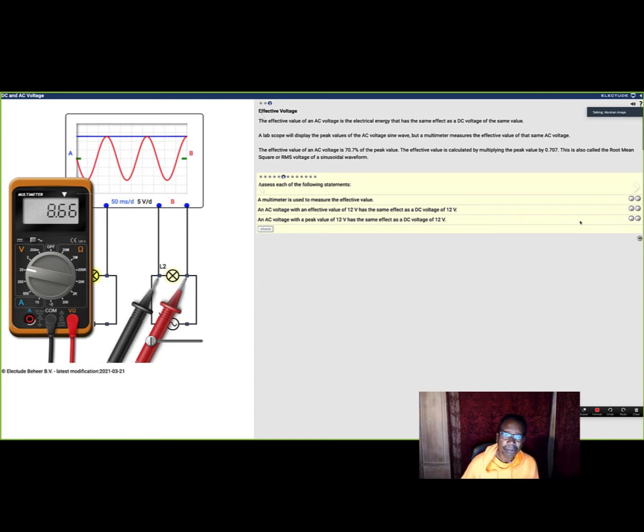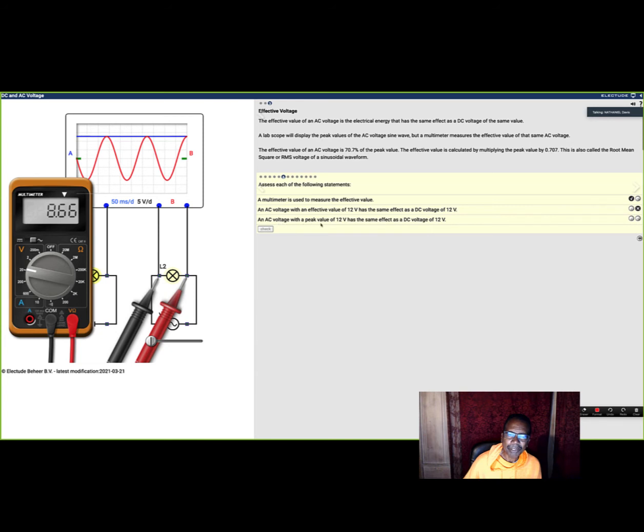Yes. Let's go with yes. An AC voltage with an effective value of 12 volts has the same effect as a DC voltage of 12 volts. True or false? False.